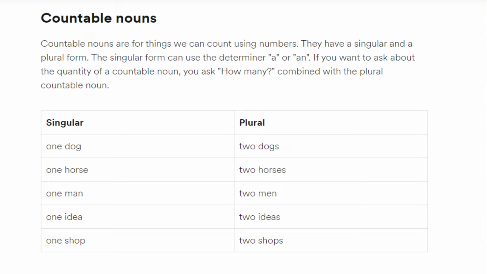One dog, two dogs, one horse, two horses, one man, two men, one idea, two ideas, one shop, two shops. I would like to mention that there are some specific nouns that are irregular, and because they are irregular, they are special, and they are written in a different way.